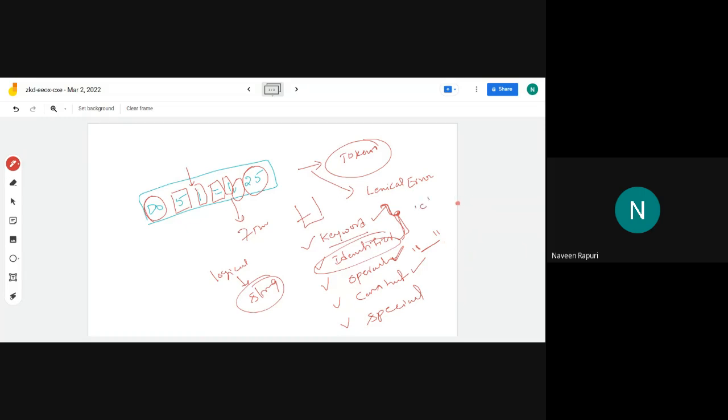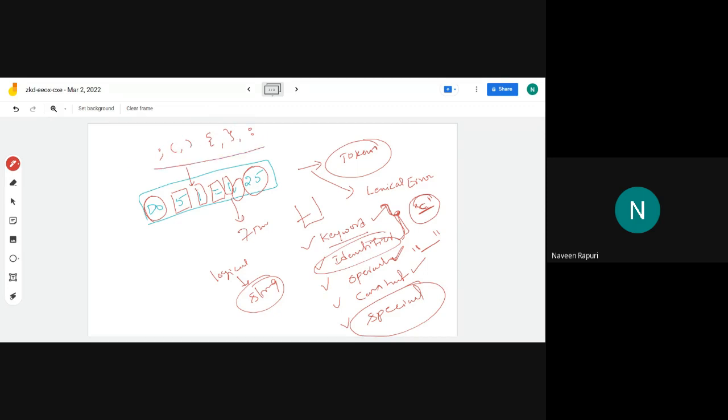If a character constant comes, it is in single quotations, and that is also considered a constant token. The single quotations and the character together form a single token, not separate tokens. Coming to the special characters: semicolon, open and closed parentheses, open and closed curly braces, and colon.